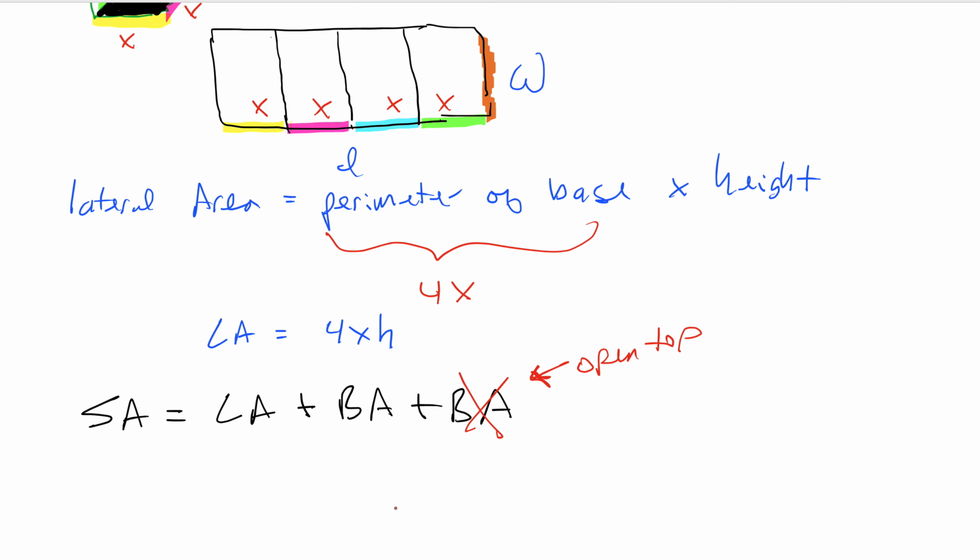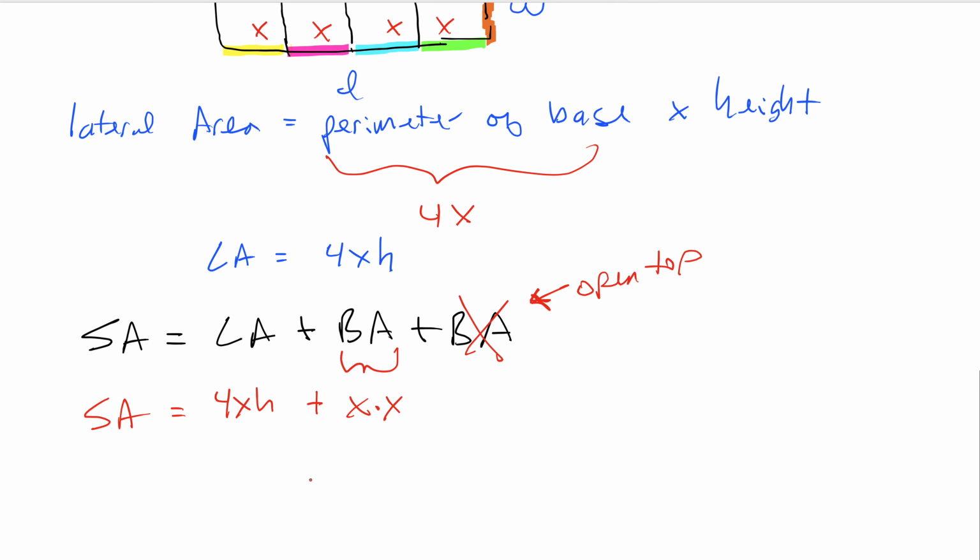So, and we know that the base area is x times x, right? So I'll put it right there, x times x. So our surface area equals 4xh plus x times x.